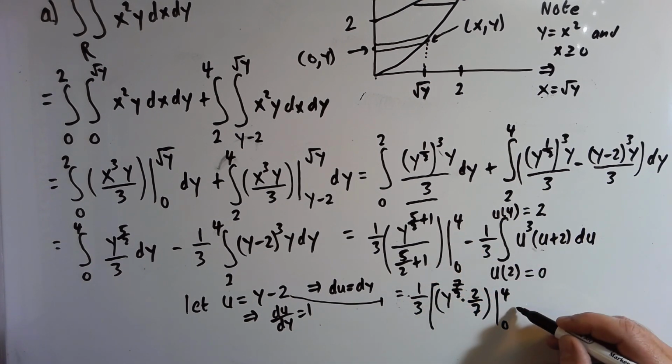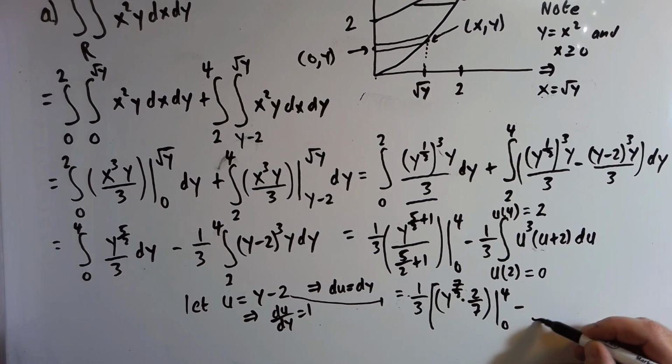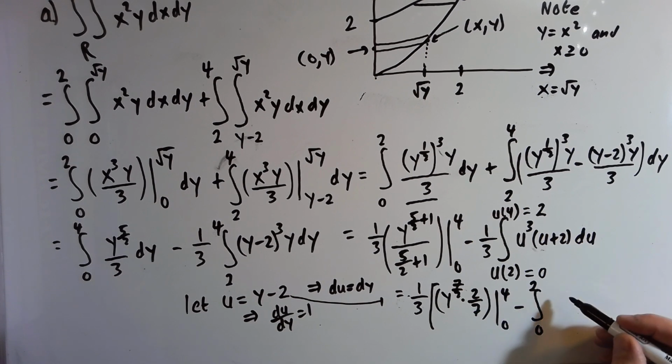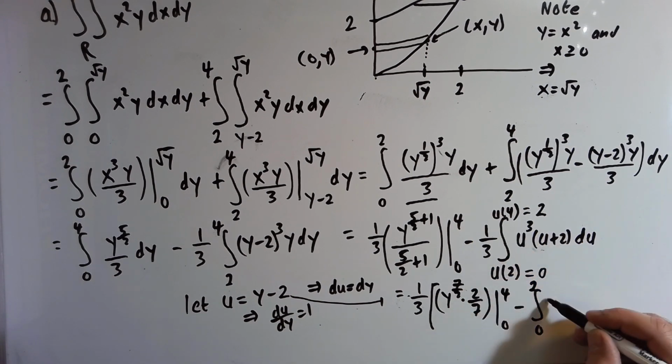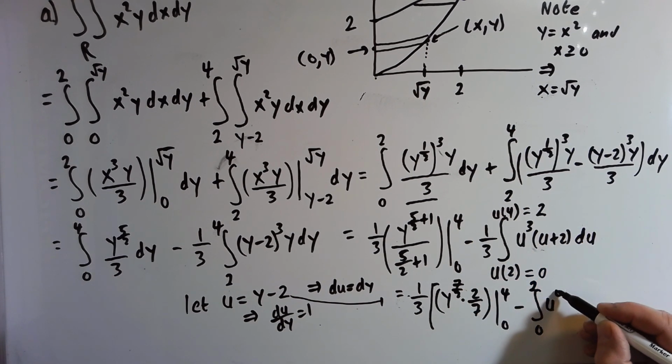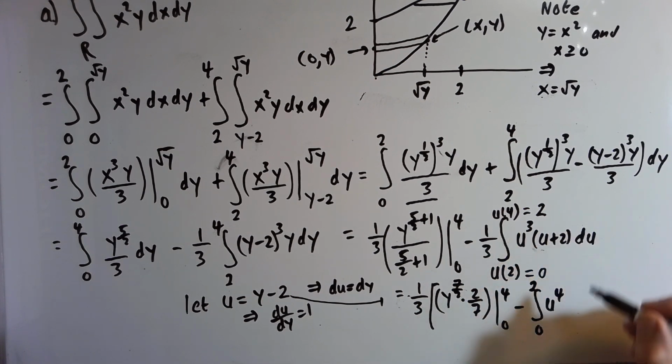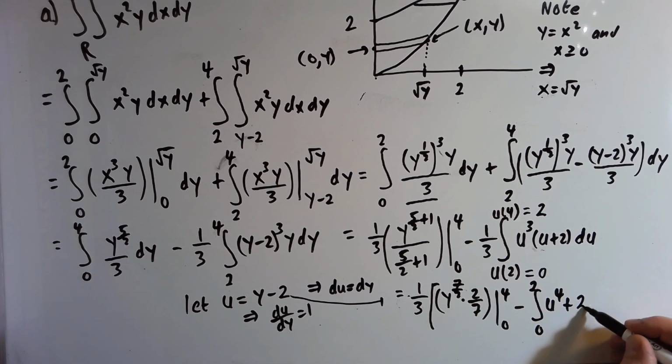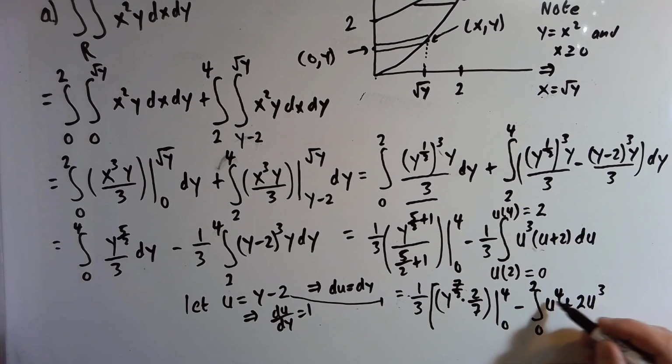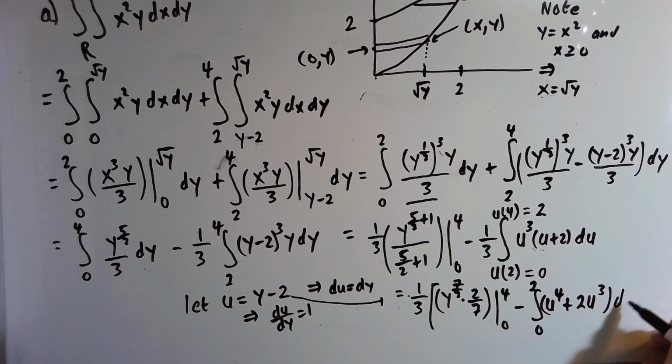And that's pulled out, so it'll be minus then integral 0 to 2. Multiplying this in would be u to the 4th plus 2u cubed du.